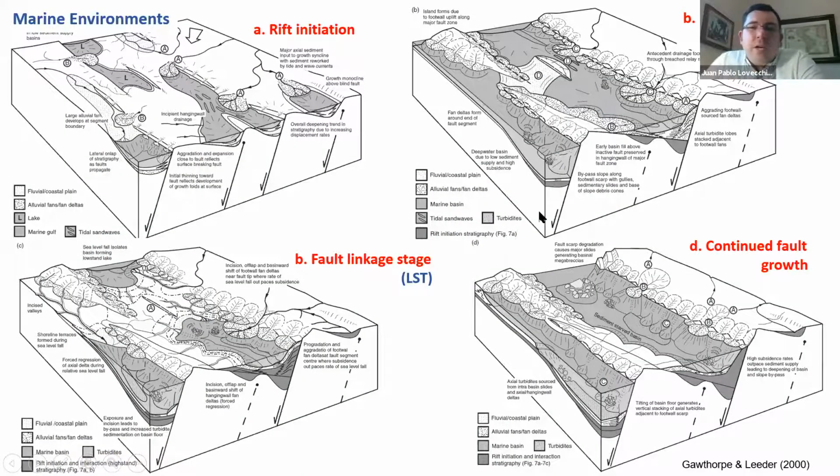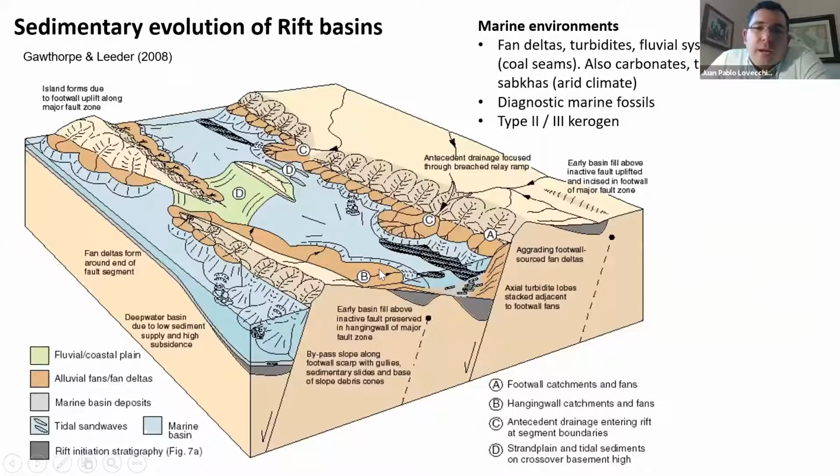In the field, well, obviously, how do you know you are in an area submitted to extension? Other examples of areas submitted to extension in the present day are, for example, the Basin and Range in the Western United States. You will have active faulting. You will have high measurements of heat flow.